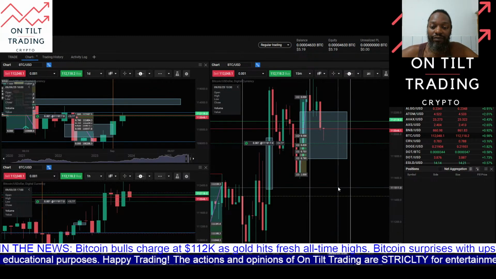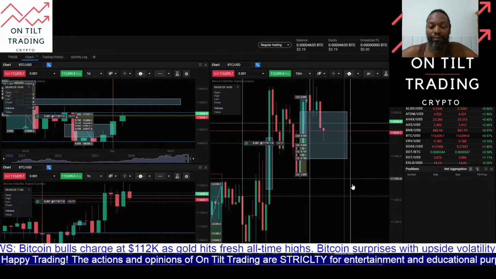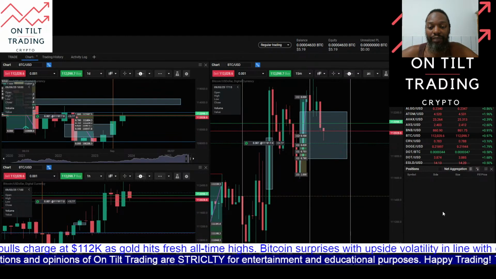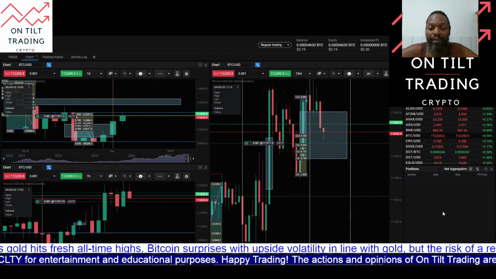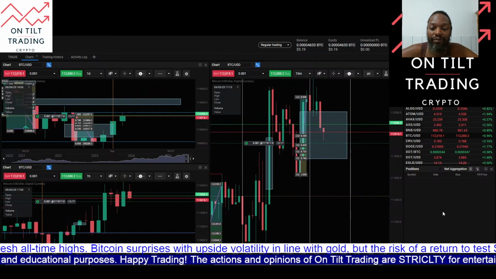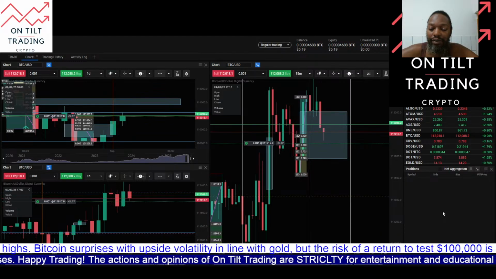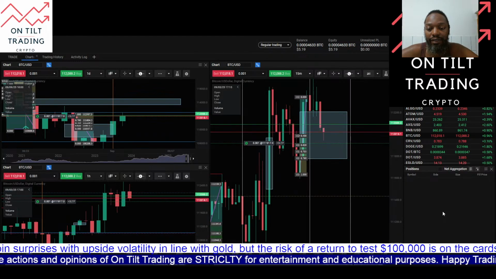Five minutes into this 15-minute candle and seeing price being delivered to the buy side here after overall sell side delivery, testing the high of the current 15-minute candle, and now price being redelivered to the sell side currently.